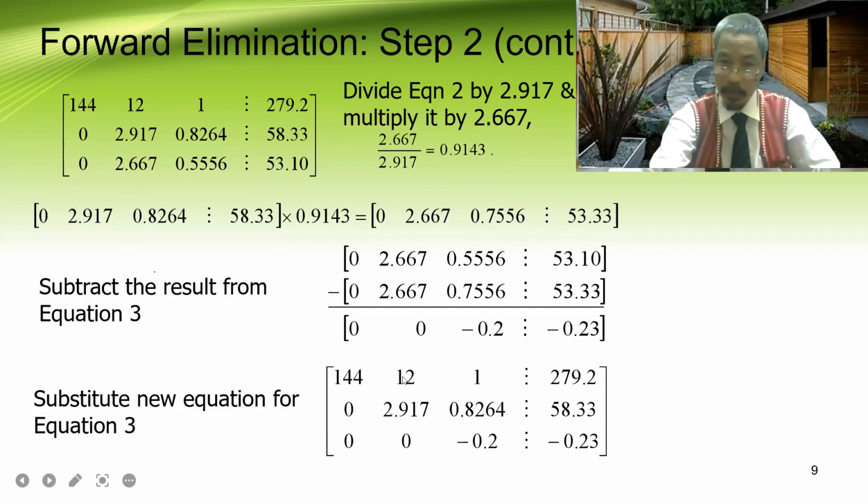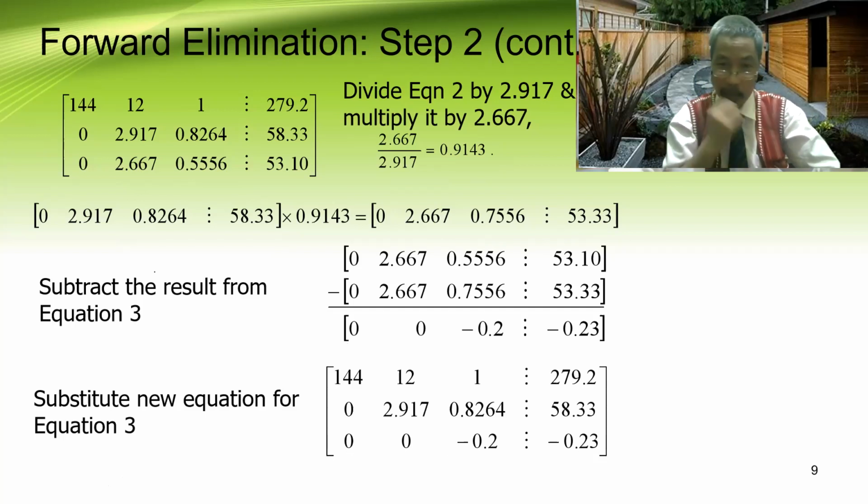So we have this updated matrix, wherein you can say that we were already able to produce the upper triangular matrix that we desire for this type of method.